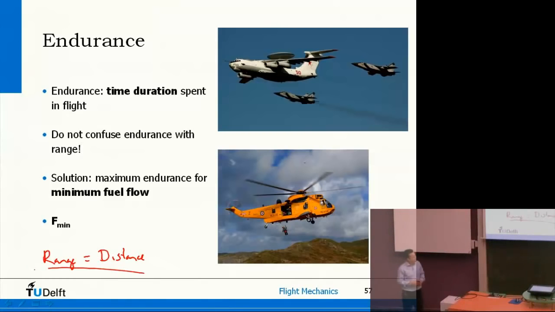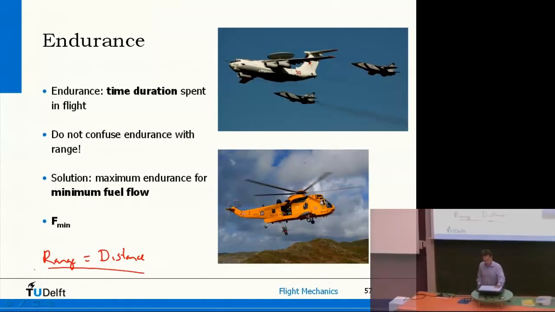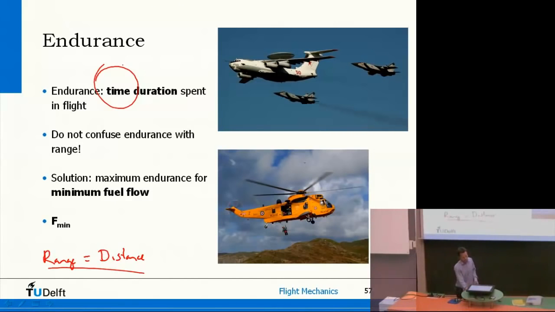Such an aircraft just wants to stay in the air for as long as it can. Similarly, this could be for combat aircraft that are patrolling or for search and rescue missions. So sometimes it's not about distance, but endurance is about time in the air.